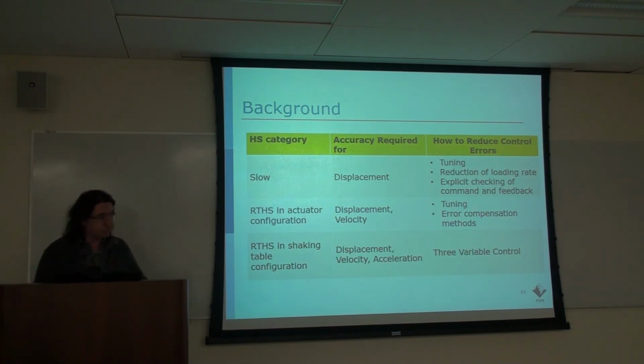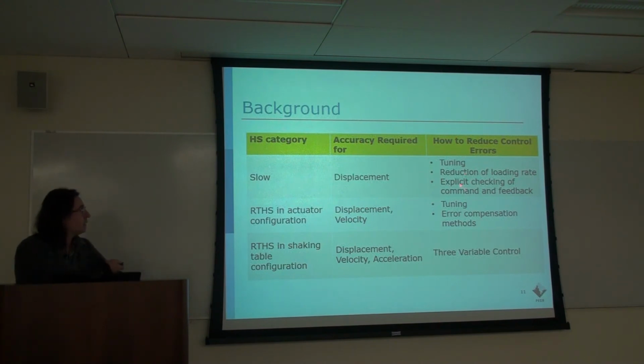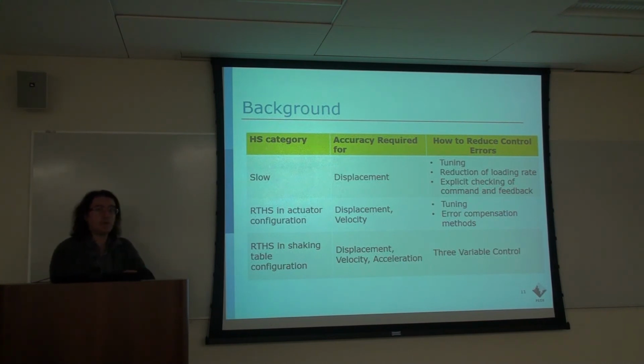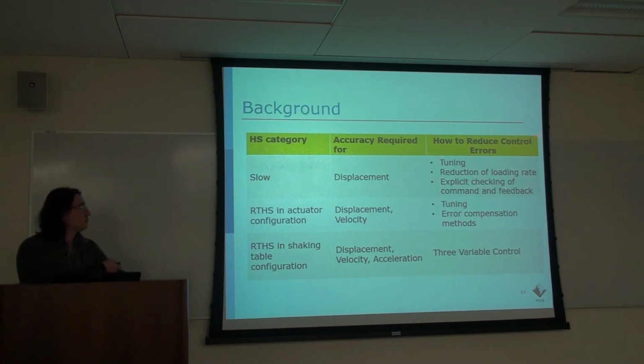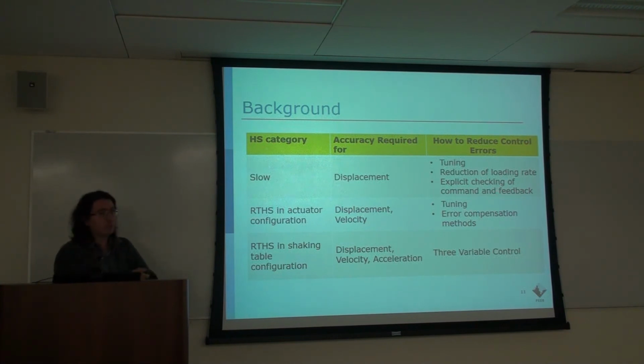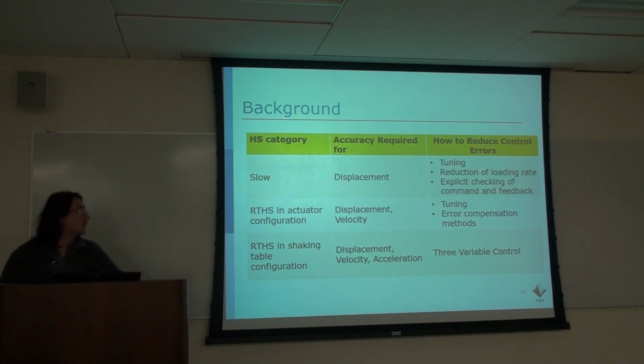As we talked today and yesterday, this can be done either by tuning, or you can reduce the velocity and the loading rate to reduce the errors, or in another case, you can do explicit checking of command and feedback. So you can apply your command until you make sure that the actuator really gets that, so you can be sure that the command is really realized.